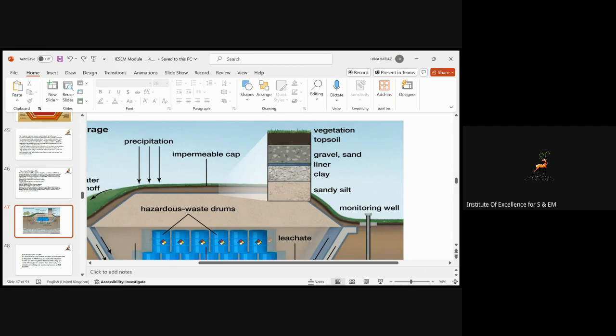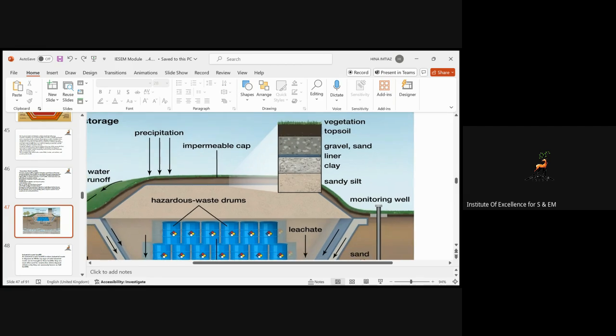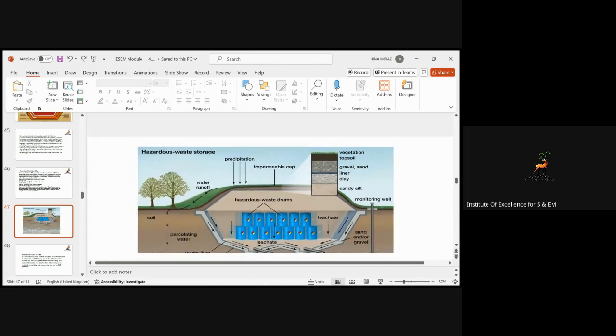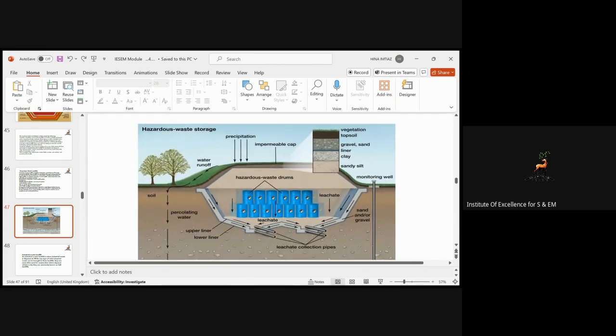They are installing the liner on the top and the bottom. They are using a double liner, and in the liner they are using clay, mostly bentonite clay. And again there is a layer of sandy silt. Sandy silt is a specific type of soil which is much stronger than porous clay or any other clay.